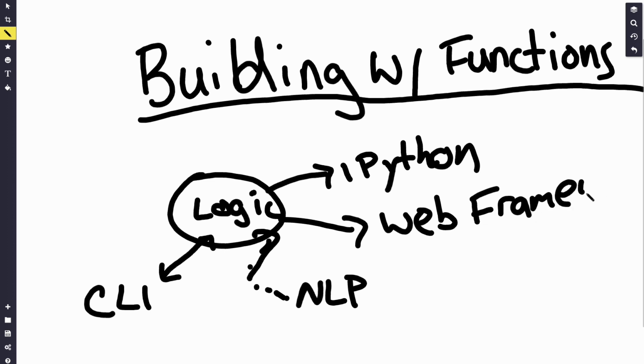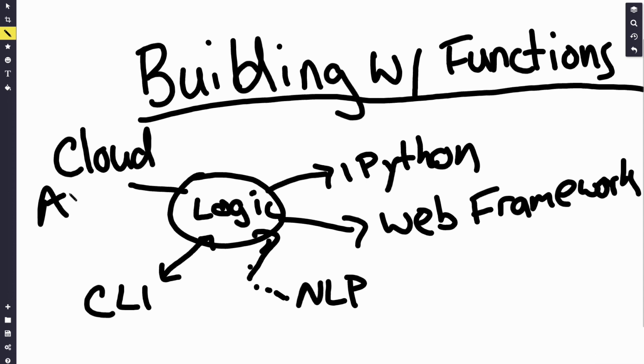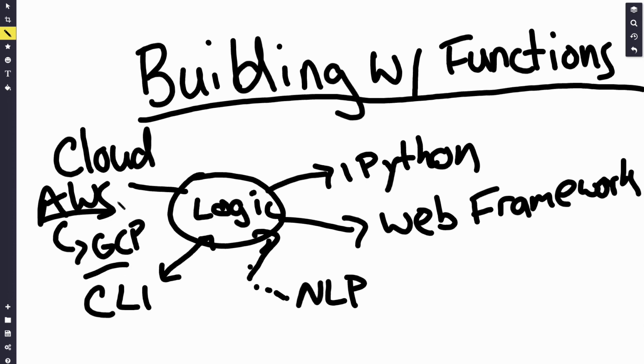And then if we want to, we can also map that logic to cloud functions in either AWS or GCP, whatever is necessary for the problem at hand. So that's kind of the scaffolding here of what we can cover.